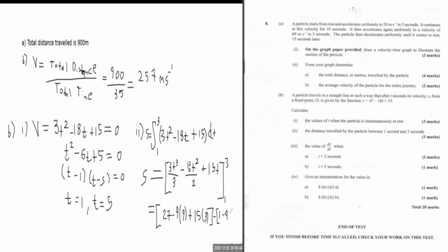Then 1 times 15 is 15, so plus 15. So this works out to 27 minus 81 plus 45, that's negative 9.